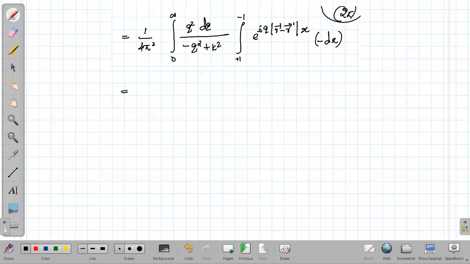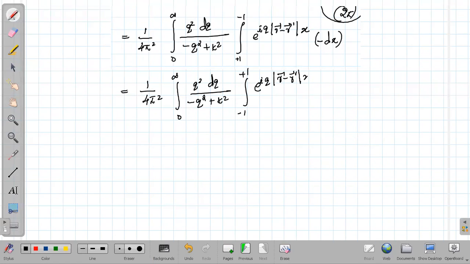So this becomes 1 upon 4 pi square, integral 0 to infinity, q square dq divided by minus q square plus k square, and this becomes the integral from minus 1 to plus 1 of e raised to iq modulus of r minus r prime x dx.